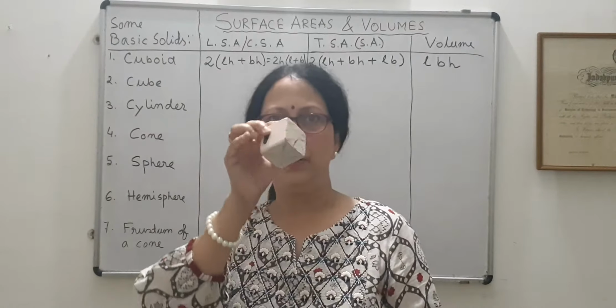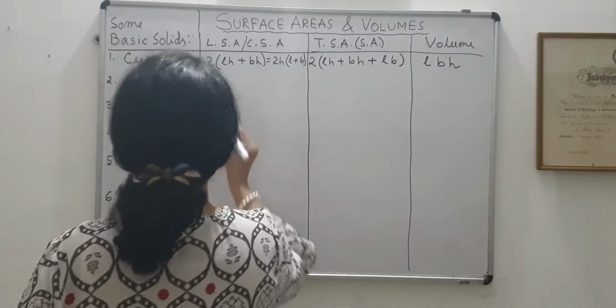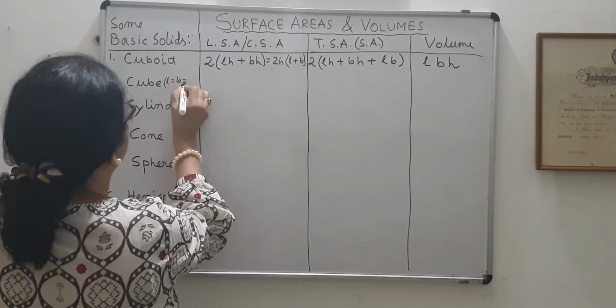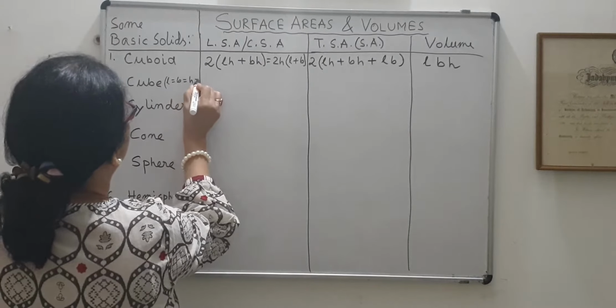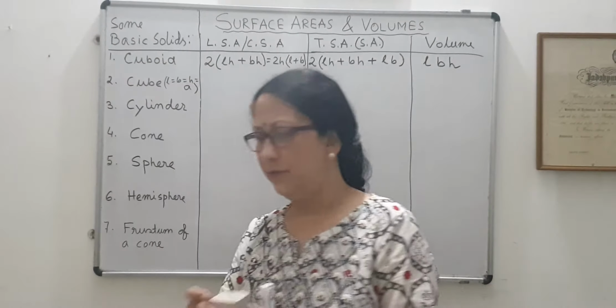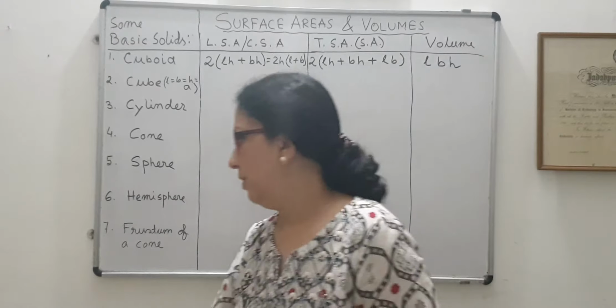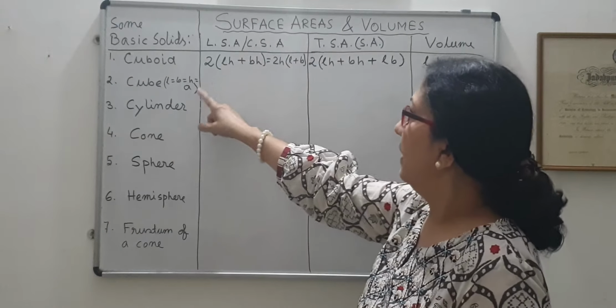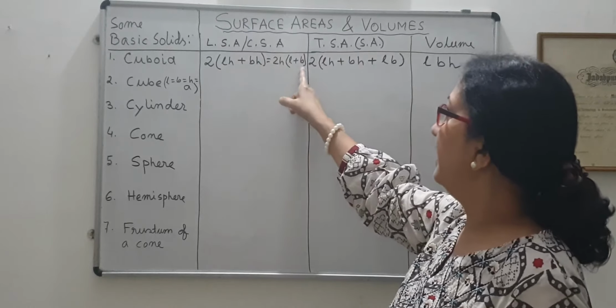If the edge is a, all are equal to a, so we simply put a in place of l, b and h.